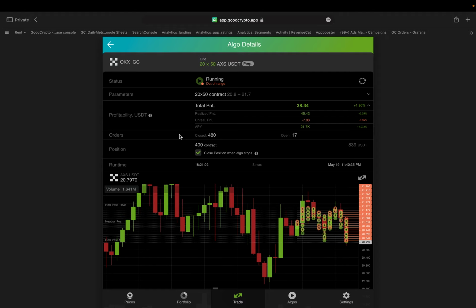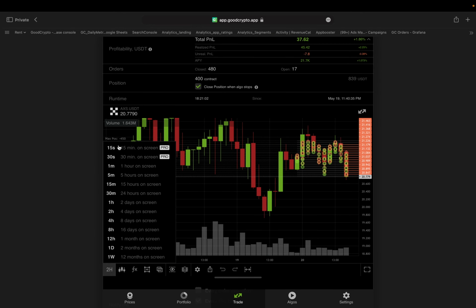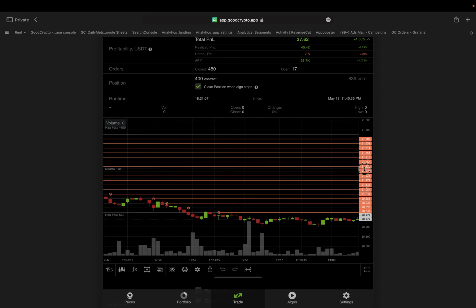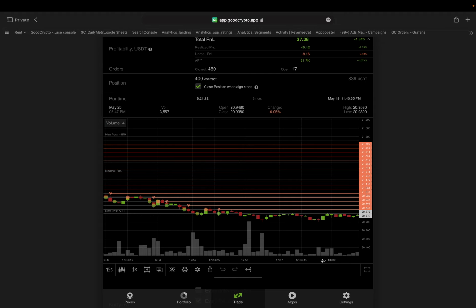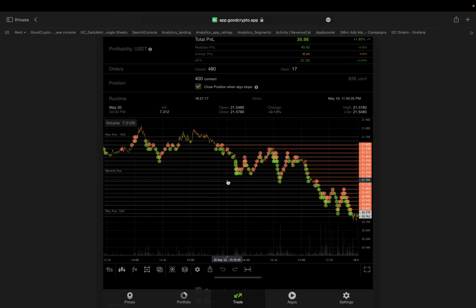And then the second thing I do is, that's kind of an overview, and then I dive really deep into things like 15-second candles to see whether the price is fluctuating often enough for me to generate a meaningful amount of trades per given amount of time, per minute or per second.